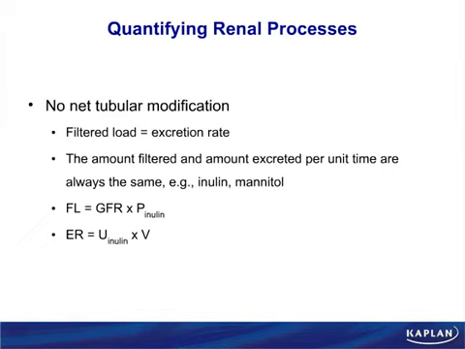Inulin is not reabsorbed. Therefore, the reabsorption rate is 0. So therefore, for inulin, the filtered load is equal to the excretion rate, because the reabsorption rate and the secretion rate are both 0.